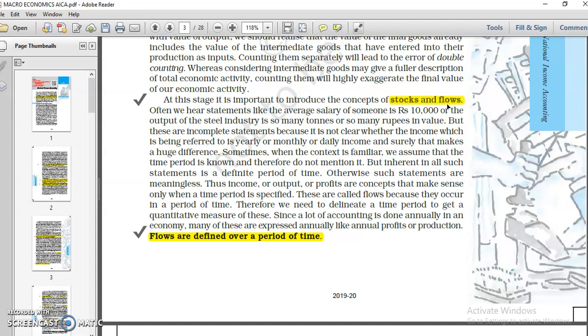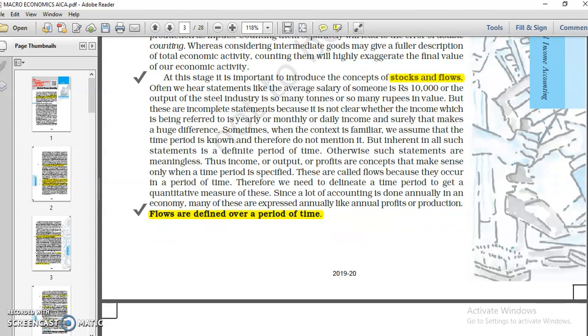If somebody asks you to tell exactly at this time what you have in your bank account, that person is talking about stock. Next is flow. Flows are defined over a period of time. Any variable which is measured over a period of time is your flow.